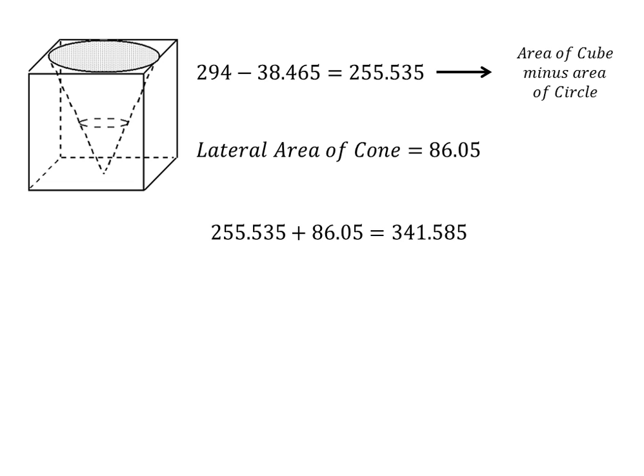So we're going to take that 255, add in the lateral area of the cone, and get 341.585. So now that we have 341.585, we can go 341.6 because it says round to the nearest tenth, and the surface area of this cube with a cone drilled into it is 341.6.